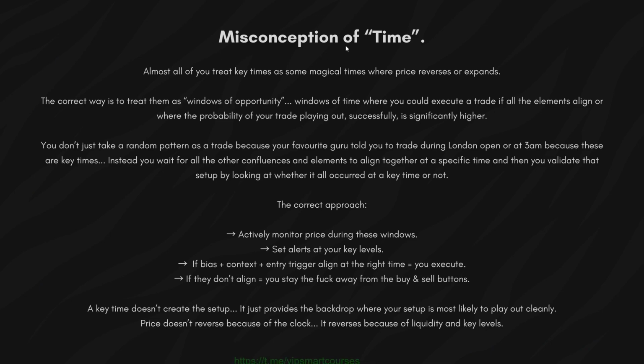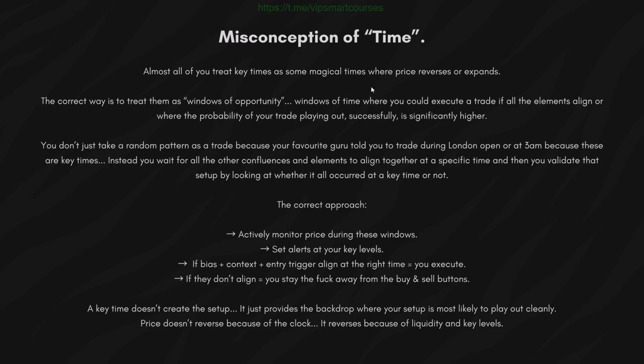So in this slide, we're going to tackle and clear up a huge misconception around the time aspect of the charts, which is that almost all of you, or way too many of you, are still treating key times as some magical times where price is supposed to reverse or expand.